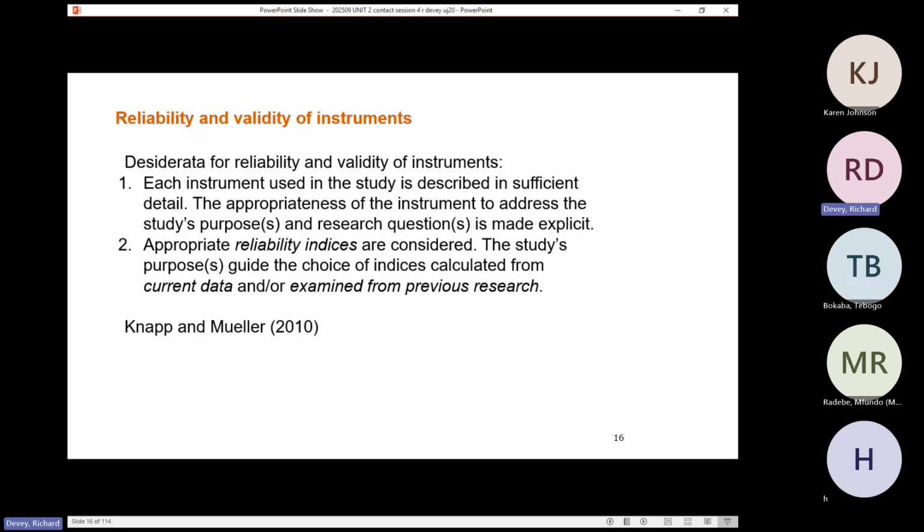What that's saying is that when you're arguing that your instrument is reliable, you can do it from what you've measured. You can do it from your own data if you have the right data, but you might not be able to, and you might have to use previous research to argue that your instrument is reliable. To use an example, psychologists develop scales which measure psychological constructs.